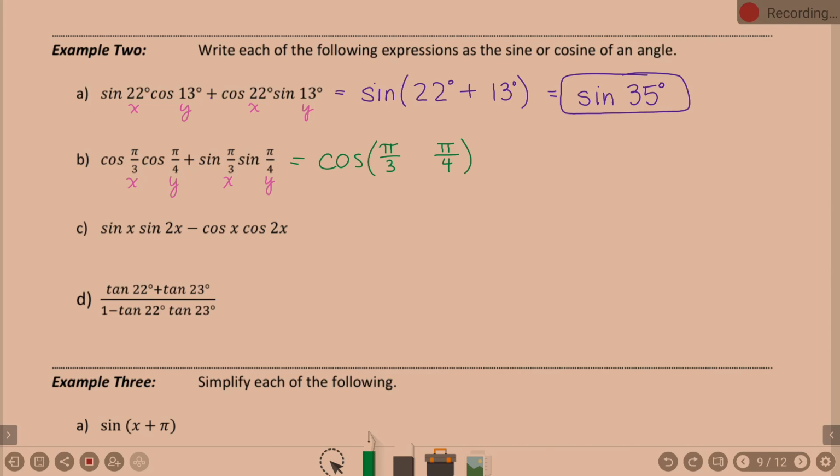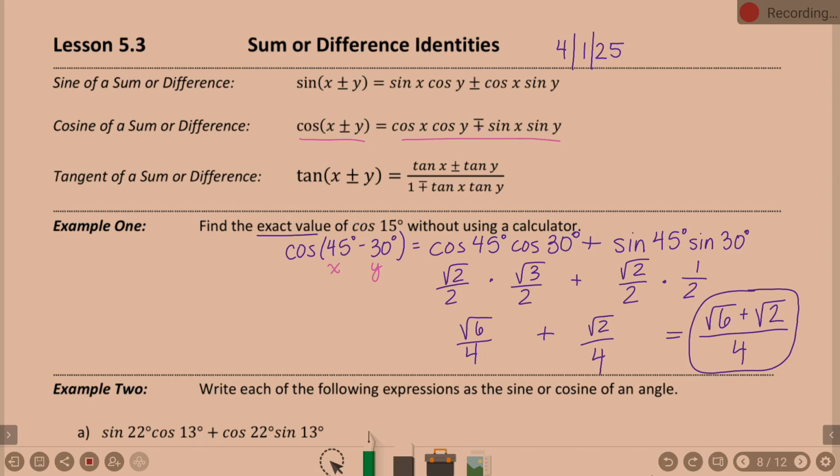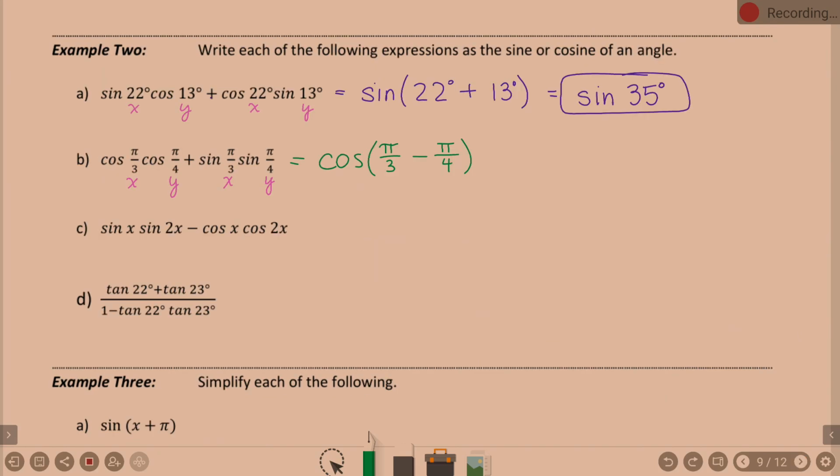Subtract. Okay. Remember, if you go back up and look here, guys, cosine, it's plus minus here, minus plus here. So that's just saying your sign changes. It's going to be the opposite. Okay? So with that in mind, you don't get to stop here.